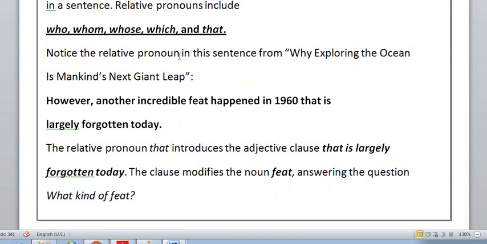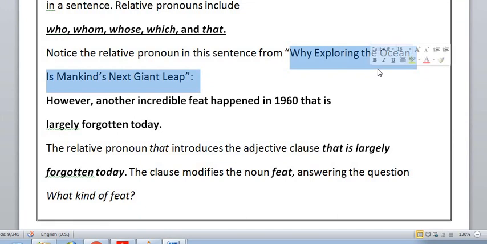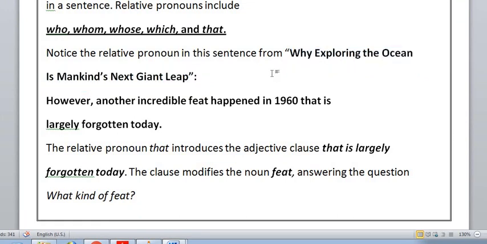Notice a relative pronoun in this sentence. Look at this sentence: Why exploring the ocean is mankind's next giant leap. This is a sentence. What is the relative pronoun here? Yes, why.